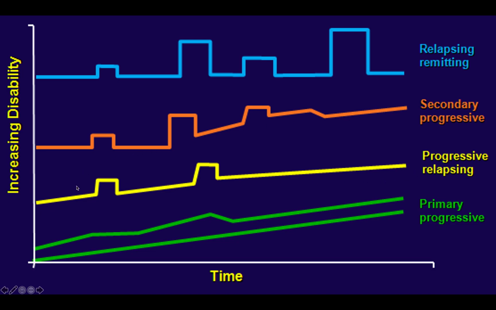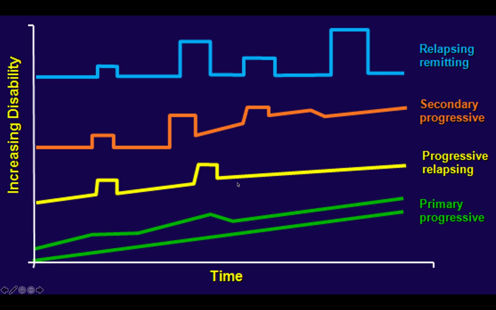Progressive relapsing is when the course of the disease is relapse and then improvement, but with no symptom free period because the disability is increasing with time.